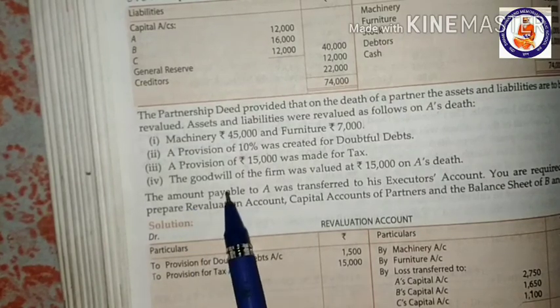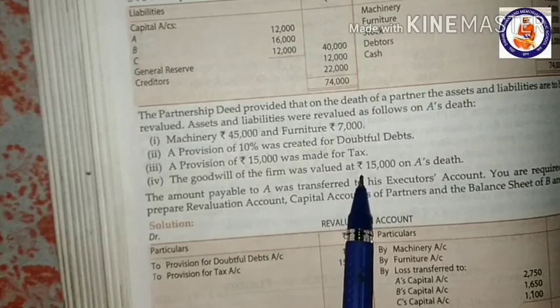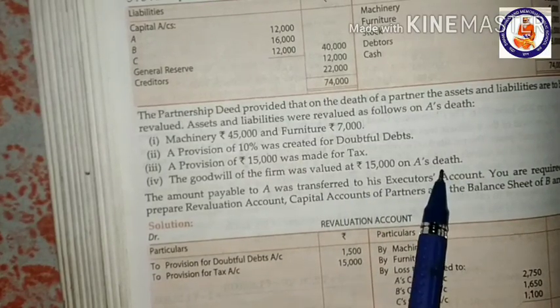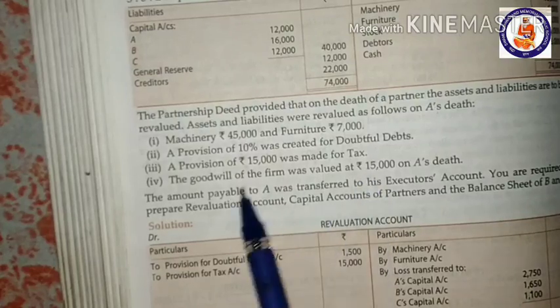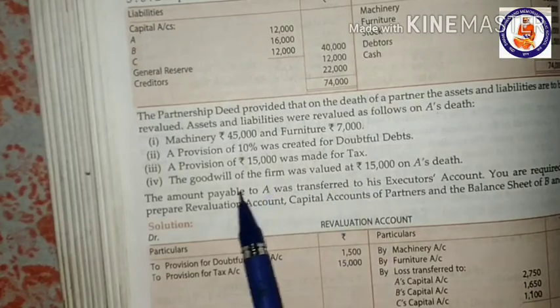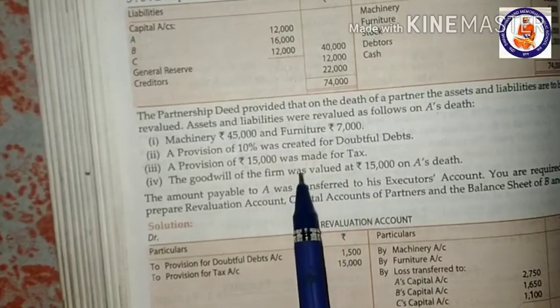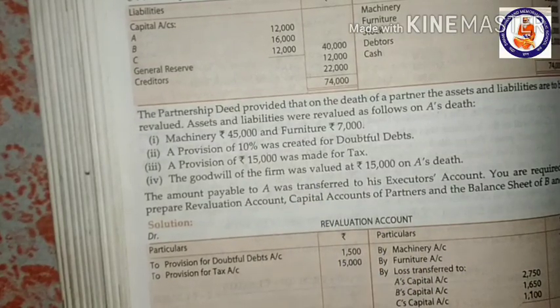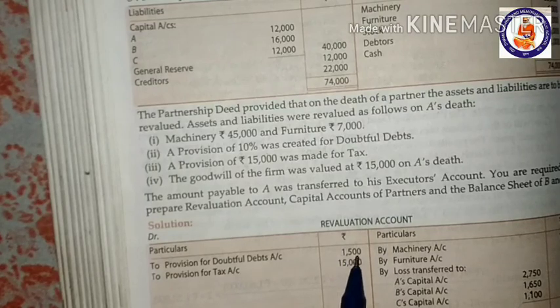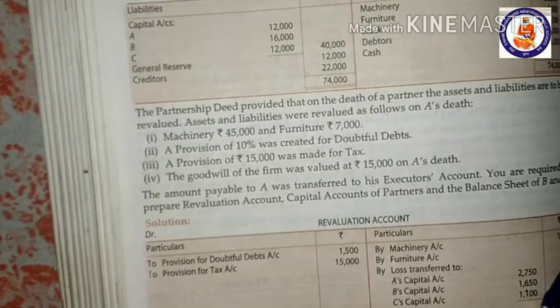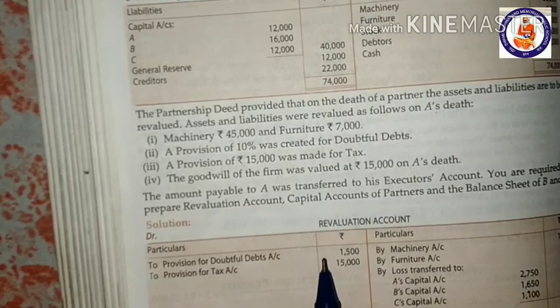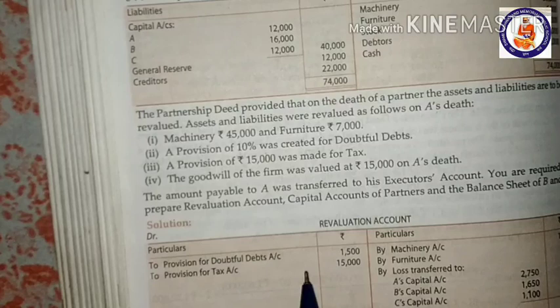Then the goodwill of the firm was valued at 15,000 on A's death. This will go to the capital account, so it is not related to this. Now we will find the balance: 16,500 on the debit side and 11,000 on the credit side. The debit side is more, meaning losses are more.